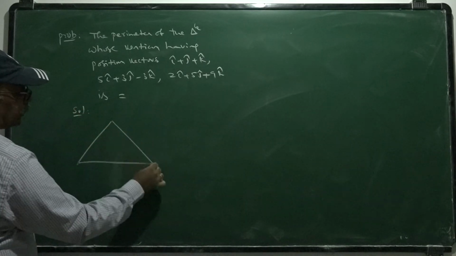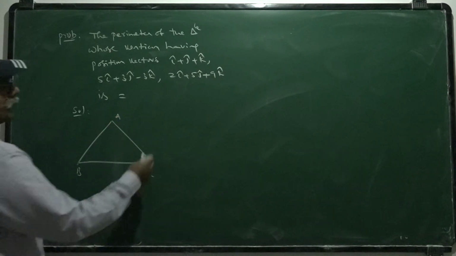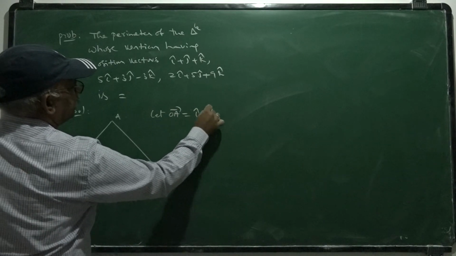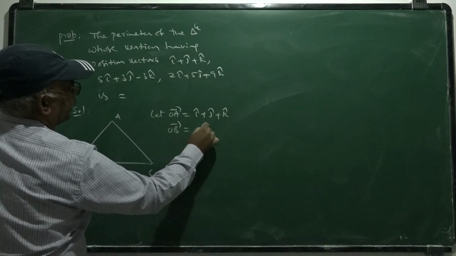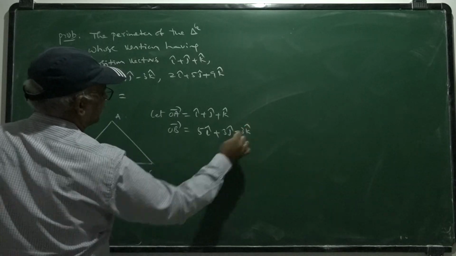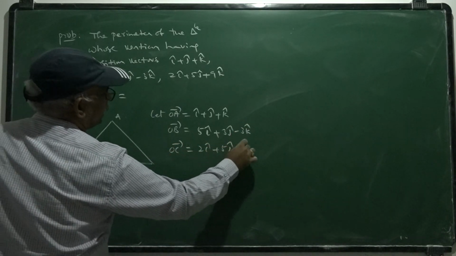Here the position vectors of the vertices are given. That means let OA bar equal i plus j plus k, OB bar equal 5i plus 3j minus 3k, OC bar equal 2i plus 5j plus 9k.